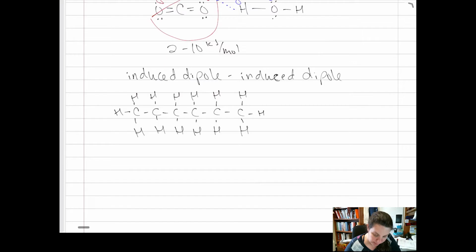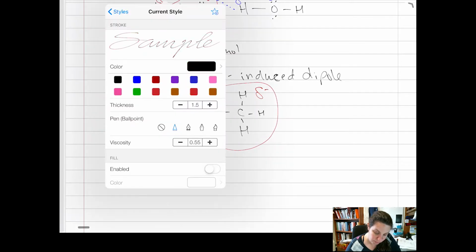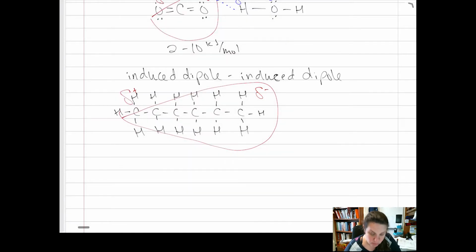Okay, so again, we can push electron density in one direction or another, get a partial negative area, a partial positive area, and that will then interact with another molecule. Once it's got an induced dipole, it can induce another one.